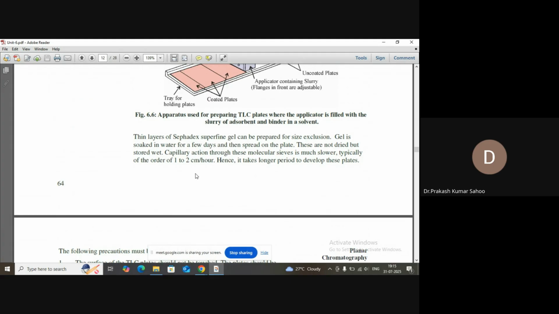The gel is soaked in water for a few days and then sprayed on the plate.